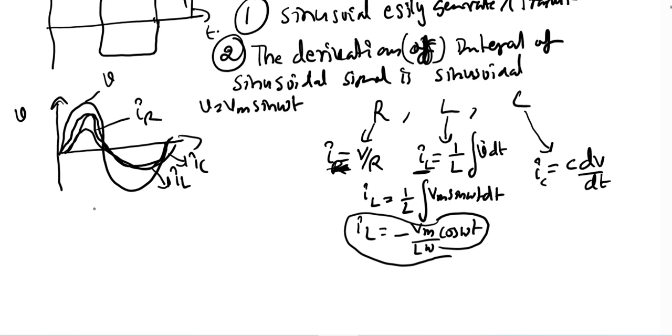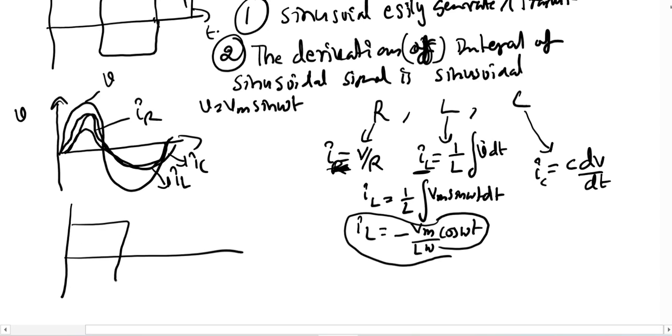So suppose instead of this sinusoidal signal, if I use a trapezoidal voltage, something like this, then what could be my current? Of course my current IR may be the same, IR is trapezoidal, but when it comes to my IL and IC, if you do the differentiation of IC, then this is not trapezoidal, this comes as something like a triangular wave.